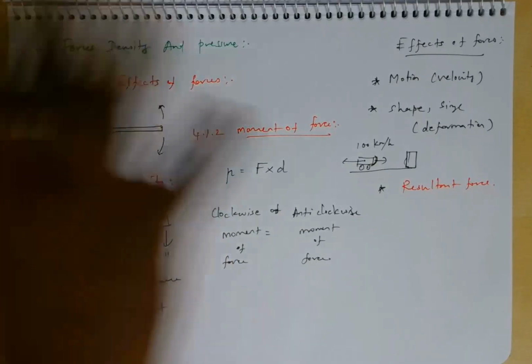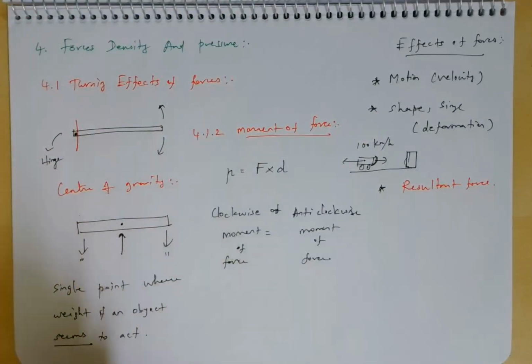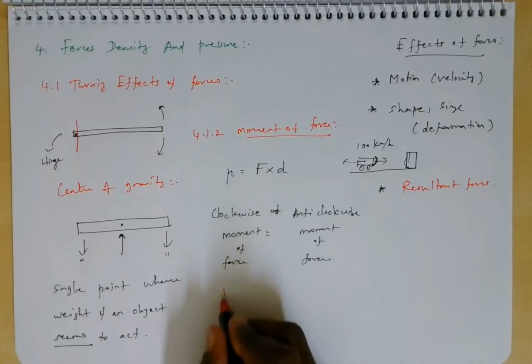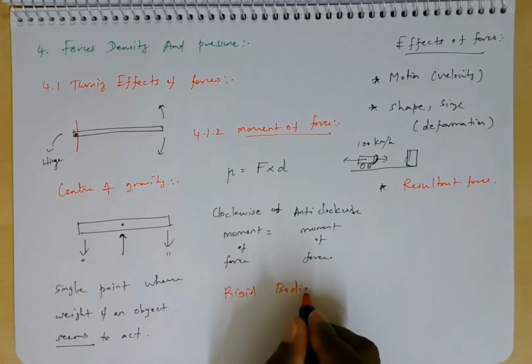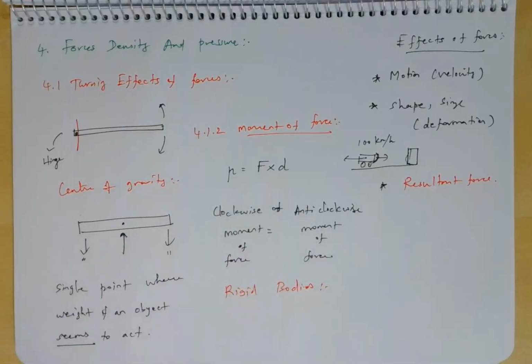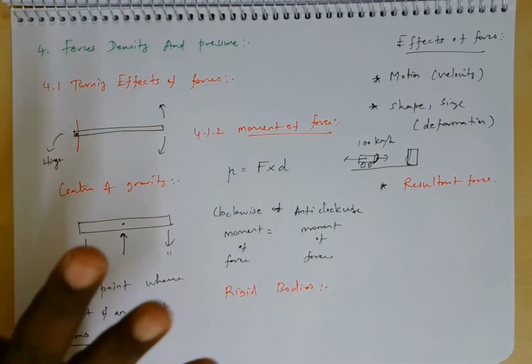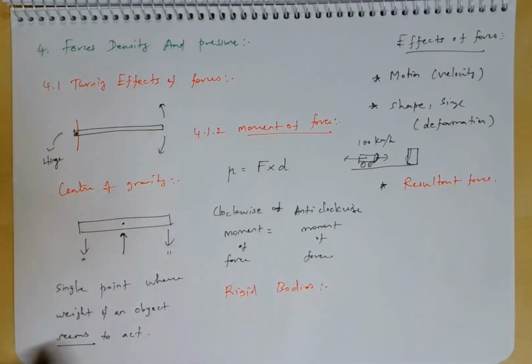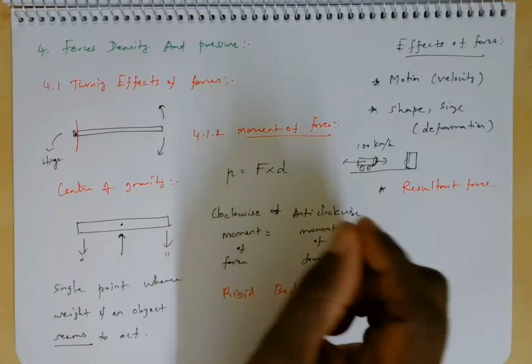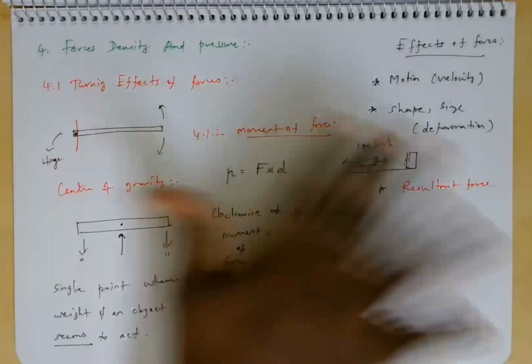Whatever we are dealing with in rotational motion is called rigid bodies. So what do you mean by rigid? Something strong, the shape will not change. By physics definition, the distance between atoms or molecules will not change.